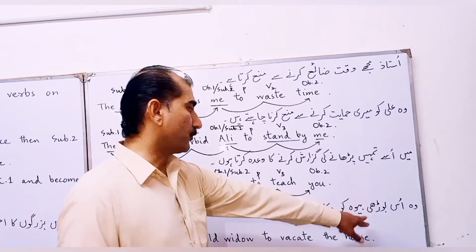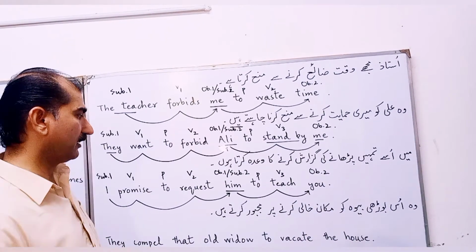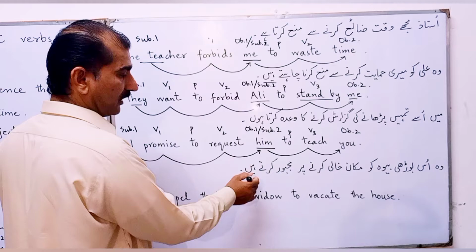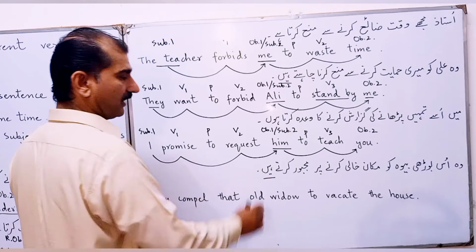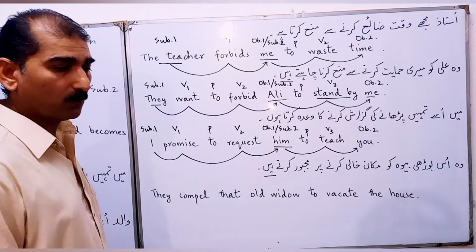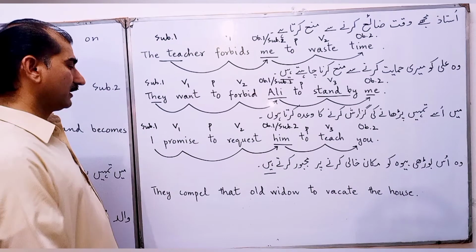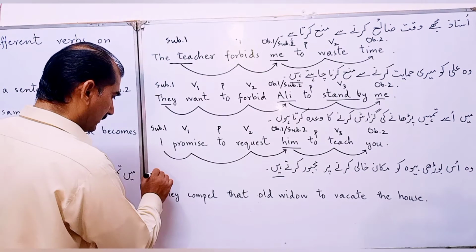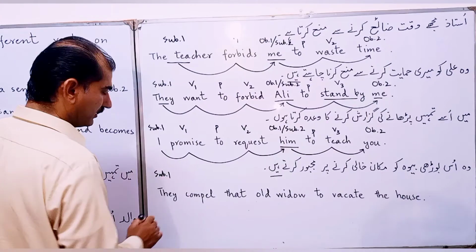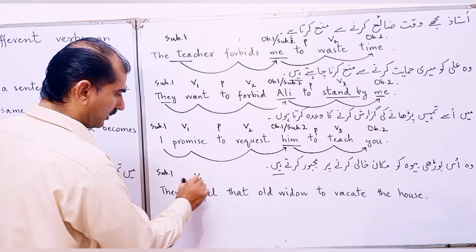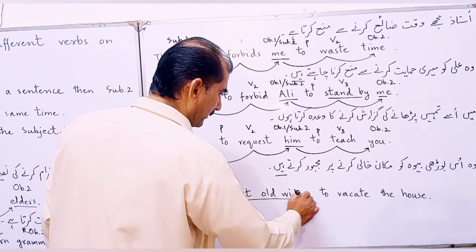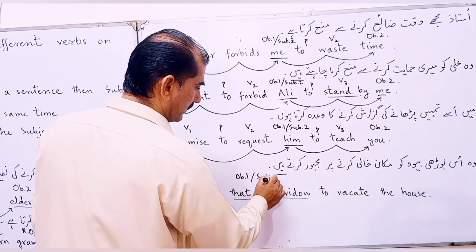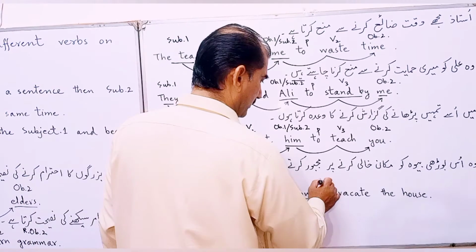Again, वो उस बूढ़ी बेवा को मकान खाली करने पर मजबूर करते हैं. अब वो हमारा क्या हो गया उर्दू में? अगर यहाँ पे जमा का सीगा वर्ब में इस्तेमाल हो रहा है, हैं आ रहा है, तो it means we have to take वो as a plural pronoun. They compel that old widow to vacate the house. They, let's check the order of the words. They is our subject 1, compel is verb 1, that old widow is our object 1, and at the same time it serves as subject 2nd for the object 2nd.